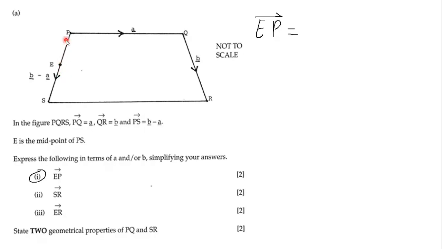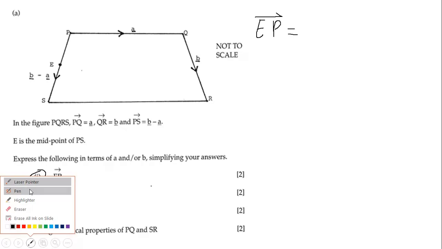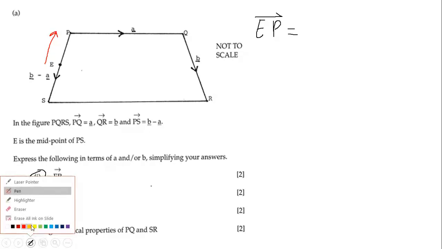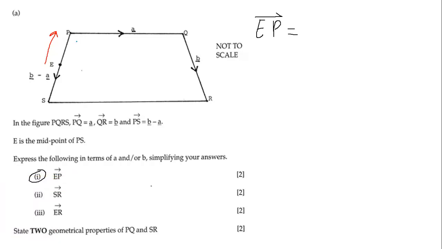But we have to be careful, because notice in which direction we're going, and this is very important. This is E, this is P, so we're going in this direction. Now PE is going in the other direction.